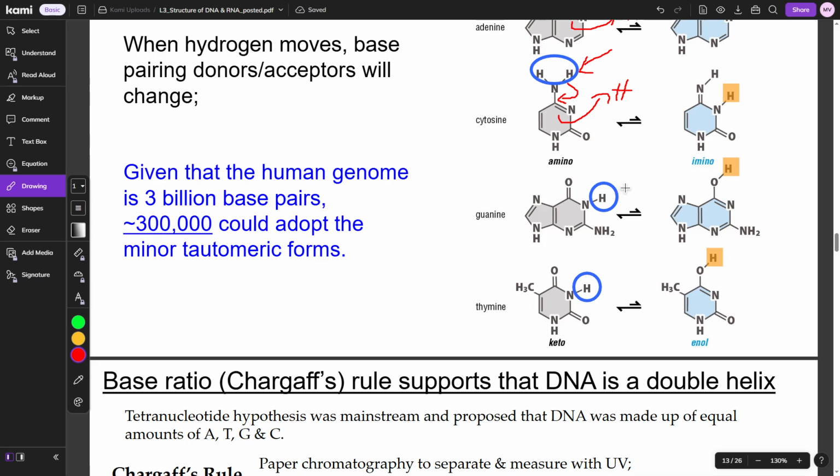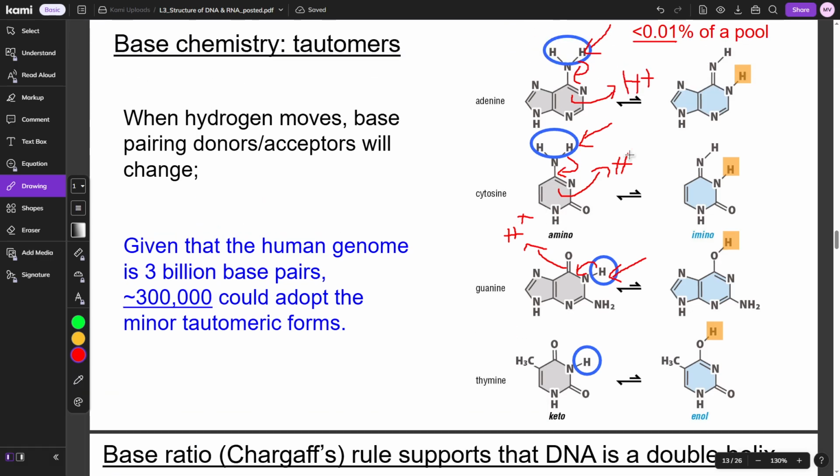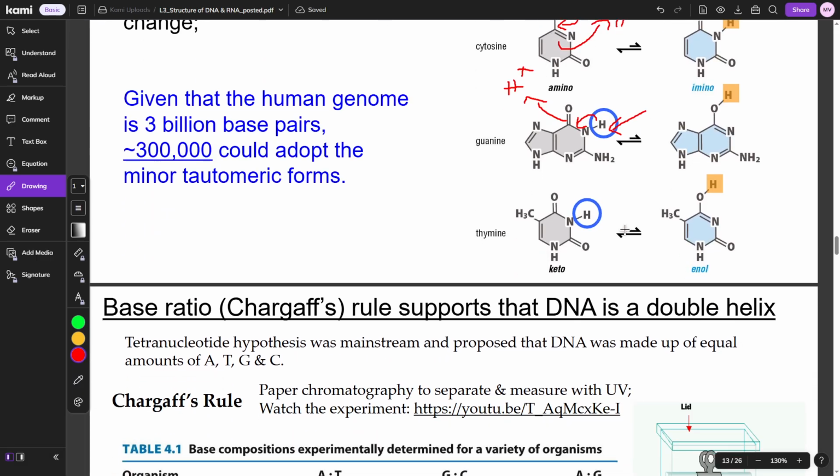For this, it's kind of the opposite, actually. You're going to grab this H. This is going to come over here, and then you're going to grab an H from the solution. It should be H plus, by the way. I'm just too lazy to draw the H pluses. And then same thing here. You're going to grab this. This is going to come back. This is going to go up and grab an H. But you get the idea.